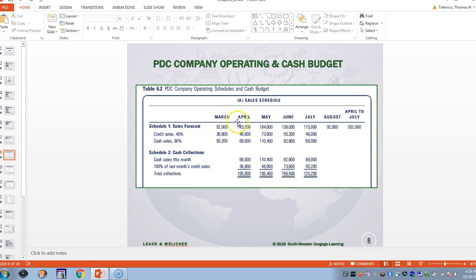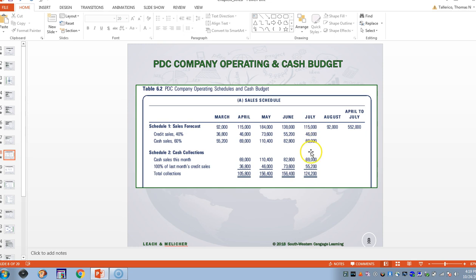All right, so this is the sales forecast, and here's the cash collection. Here are the cash sales. See the cash sales? That comes right down. And then the credit sales are a month later. Everyone see that? Here are the credit sales for March, and they come over to here. And we keep doing that. Here are the credit sales for April, and they come over to May, and the cash sales come down.